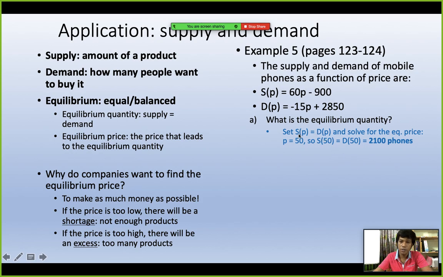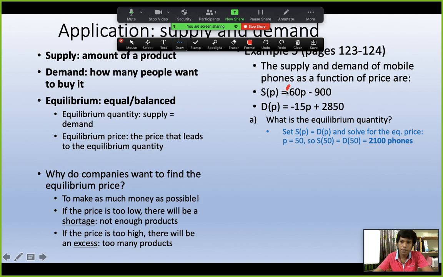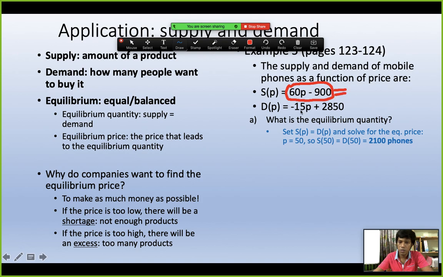Supply and demand, SP equal to DP. That means we have to write this equals to this downside, minus 15p plus 2850. Let's get some space.